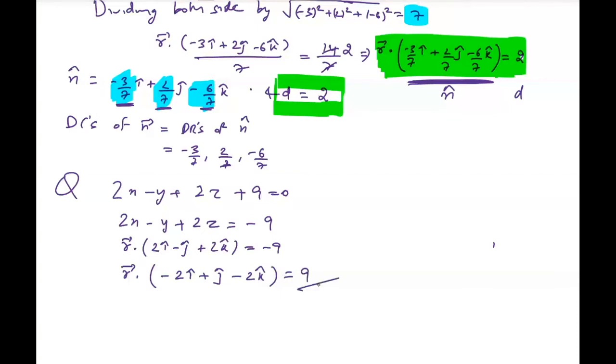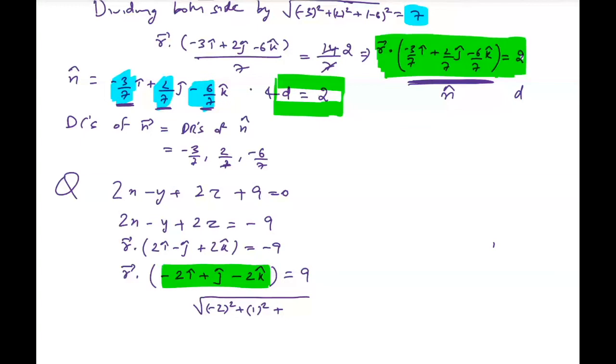Sir, we have to make it 3. Yes, I made an error. The distance is 3. Very good. Now we have to check whether this is a unit vector or not. How to check it? Find its magnitude, root 9, which is 3. So divide both sides by 3.